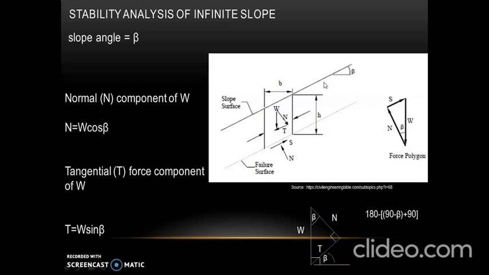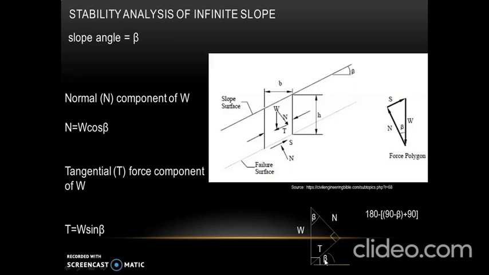Here, the angle made by the slope surface with respect to horizontal is beta. So even the angle made by T, that is the tangential force, with respect to horizontal will be beta. So that is what is shown here. The angle made by tangential force T with respect to horizontal is beta.